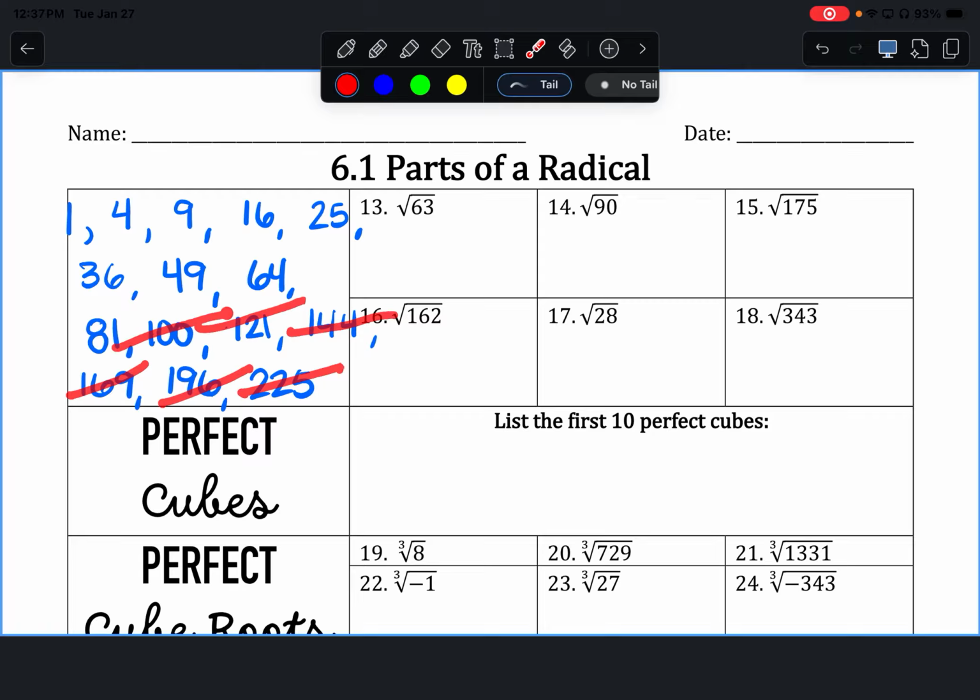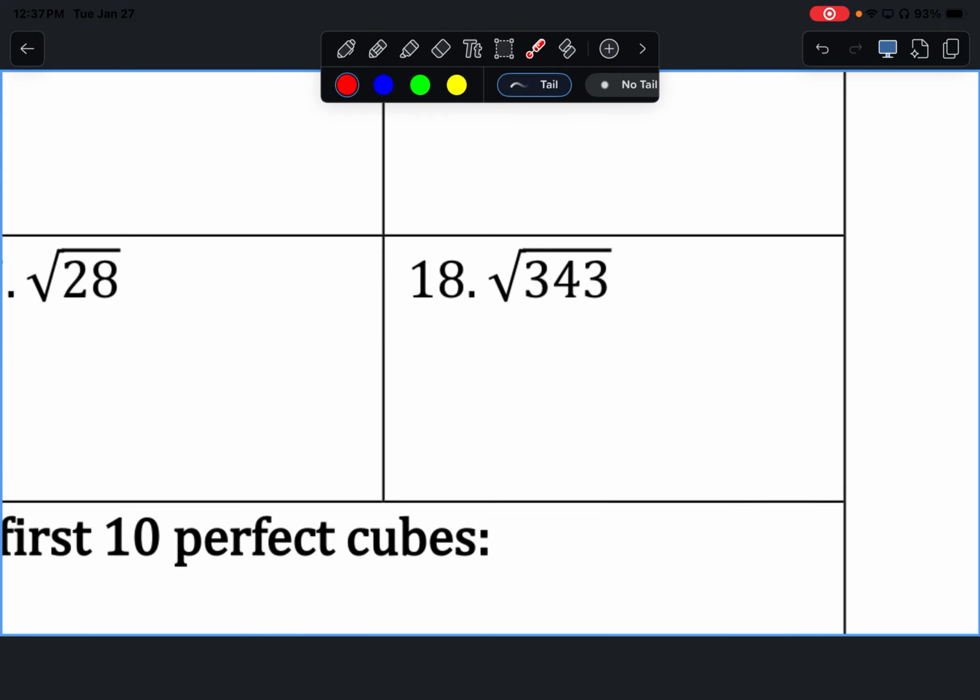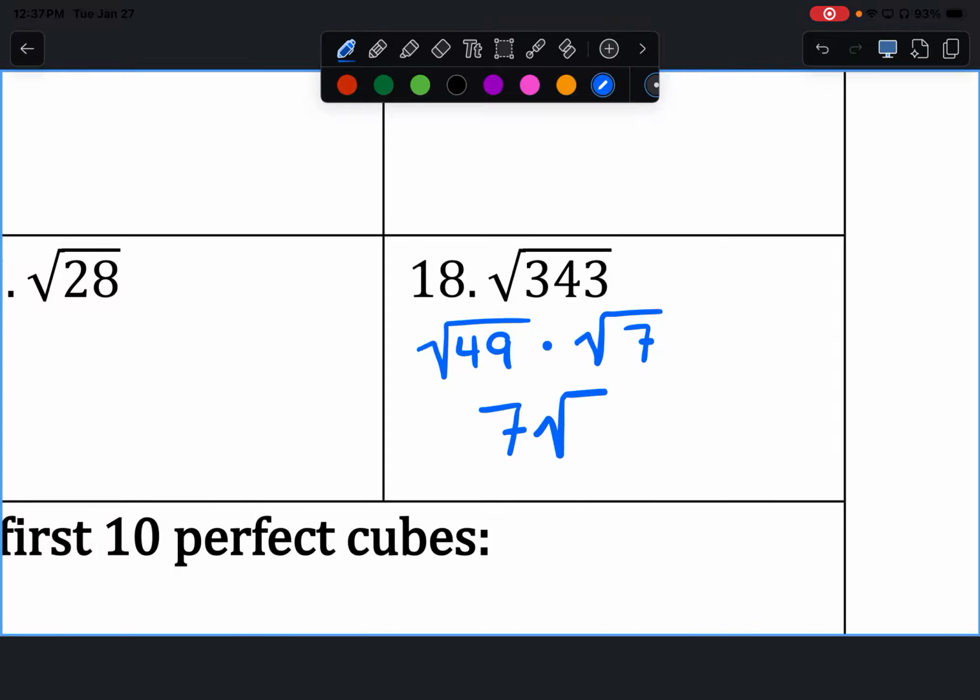No. Is it divisible by 81? 64? It is 49. Okay. How many times can 49 go into it? 7 times. So we have the square root of 49 times the square root of 7. What is the square root of 49? So we have 7 times the square root of 7.